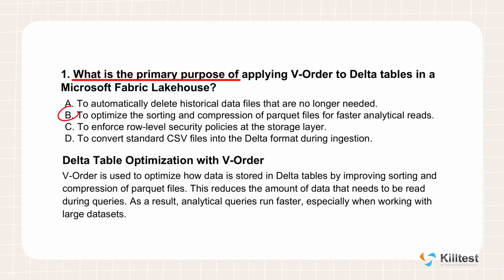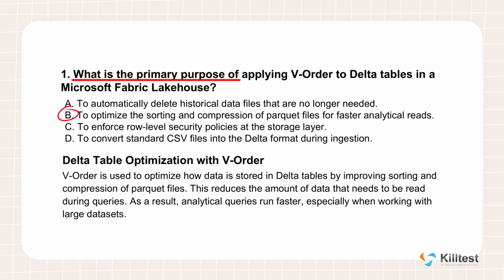I was actually initially drawn to Option A, though, the one about automatically deleting historical data files, because that sounds like an optimization, right? It is an optimization, definitely, but it's a completely different process called vacuuming. Oh, vacuuming. Okay. Vacuuming removes old, unneeded files. V-order is just about how the remaining files are sorted and compressed. That makes sense. What about C, enforcing row-level security? So option C is a really common trap.